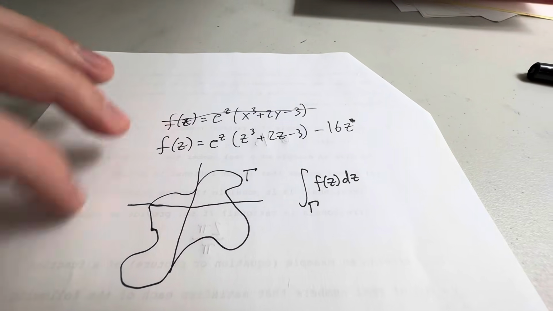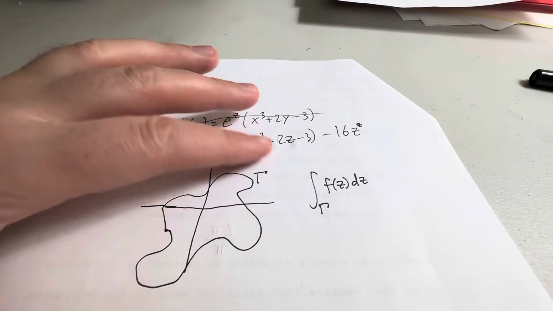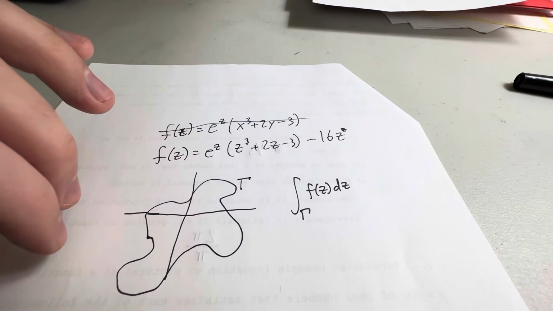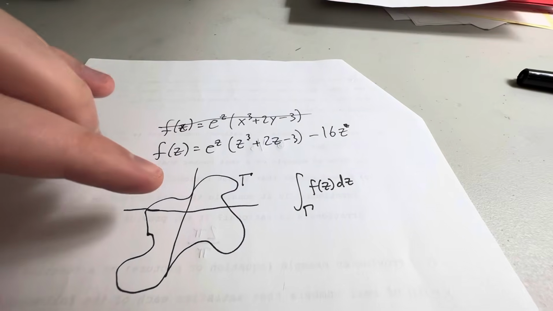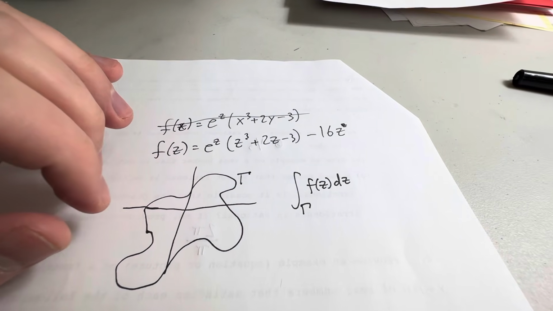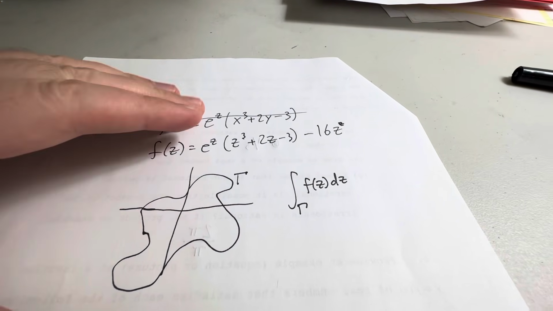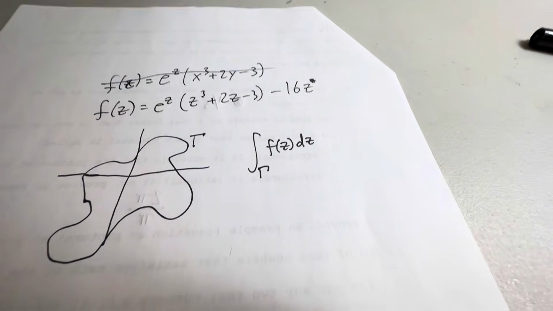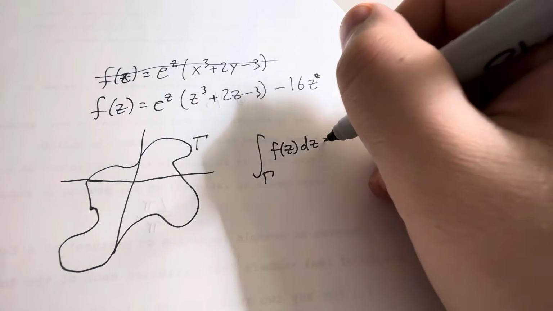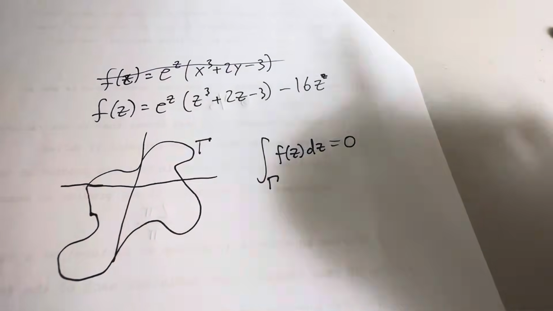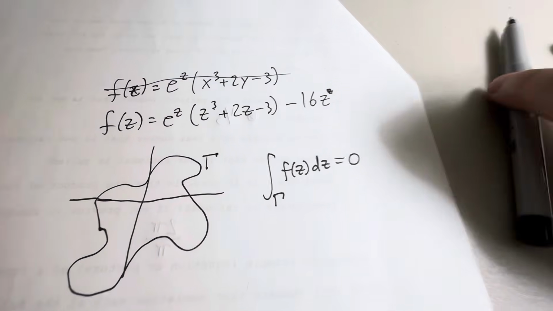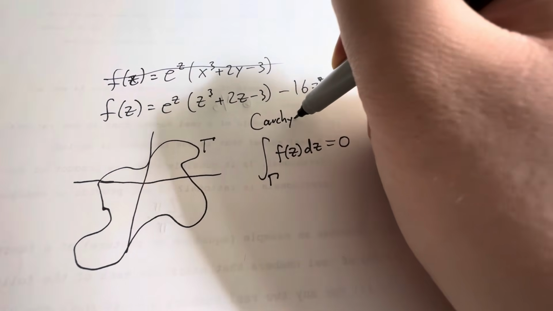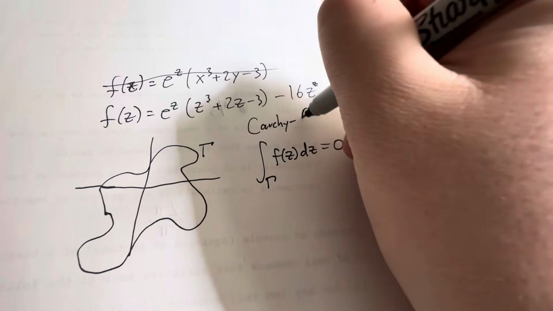Since this is analytic everywhere, I know it's analytic in a neighborhood that surrounds big gamma, then I can use a very important theorem called the Cauchy-Goursat theorem to solve this problem in 2 seconds. And I use those 2 seconds to write down the answer on the paper. The answer is going to be 0. This is by the Cauchy-Goursat theorem.